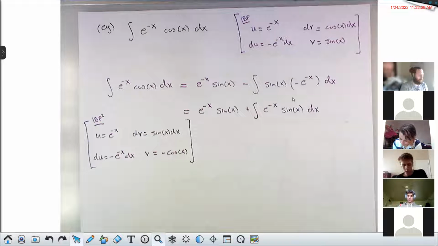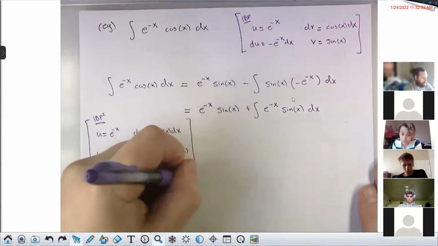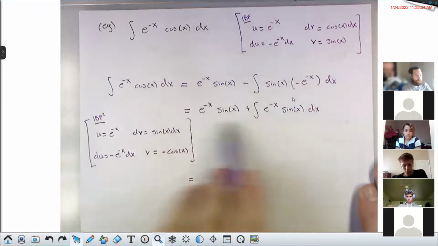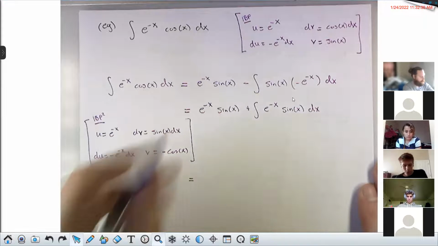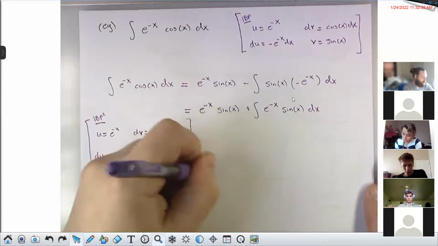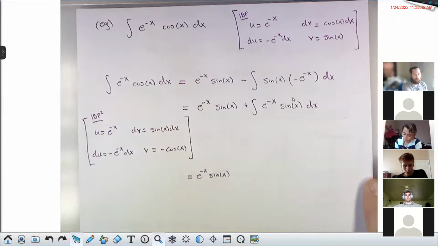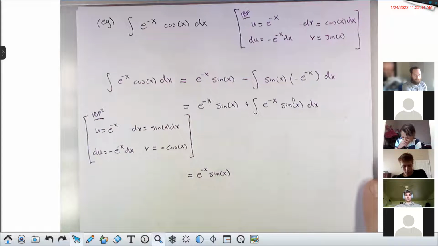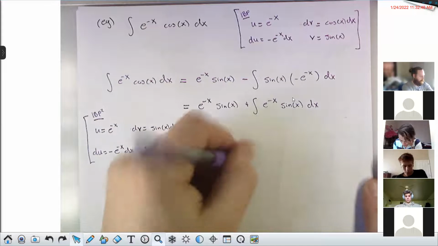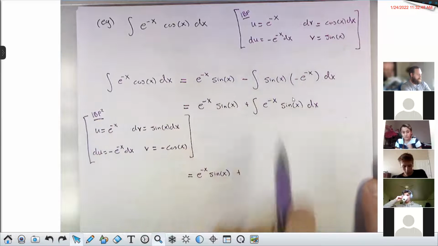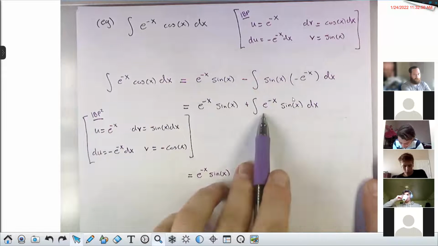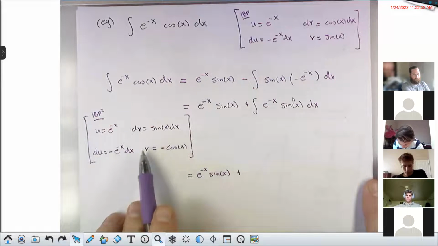And we want to be very disciplined in how we write things. So I'm going to continue writing the e to the negative x sine x piece here. I'm not doing anything with it at this stage, but it comes along for the ride because it's part of the line that we had up here. And then plus, and now this integral I am replacing by its integration by parts equivalent.